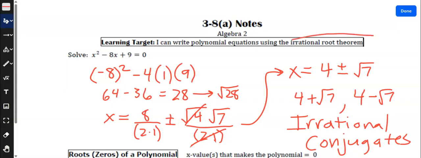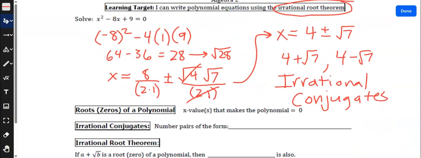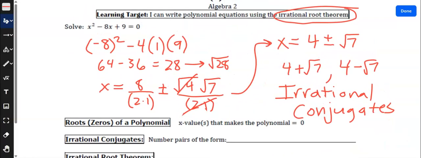What is this irrational root theorem? Let's see if they try to explain it. Well, the roots of a polynomial, x values that make the polynomial equal to 0. Okay, we already know that, right? Irrational conjugates, number pairs of the form a plus or minus radical b.